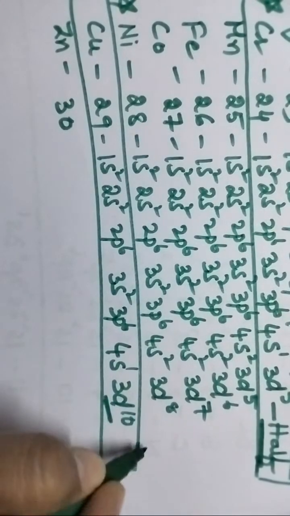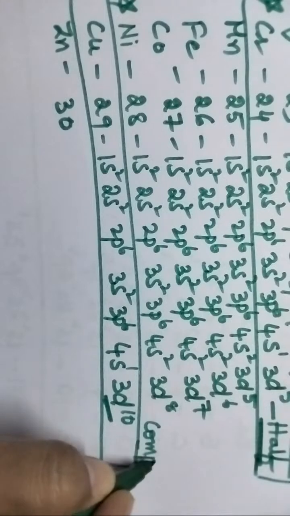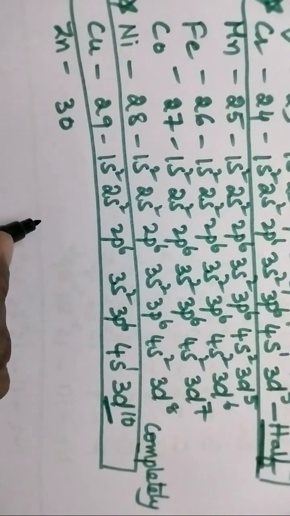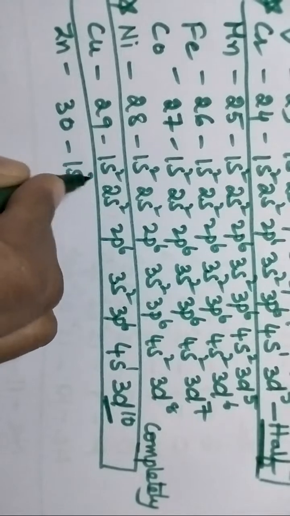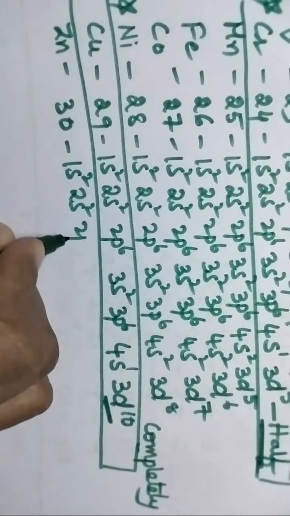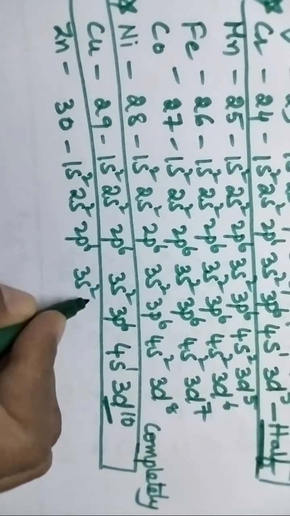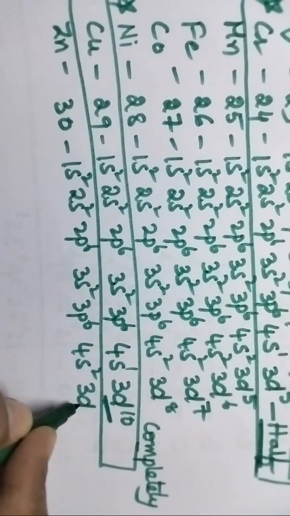So d orbital gets completely filled configuration and that gives extra stability to the copper according to Hund's principle. Coming to the zinc, its atomic number is 30 and its configuration is 1s2, 2s2, 2p6, 3s2, 3p6, 4s2 and 3d10. This is all about the configuration of first 30 elements.